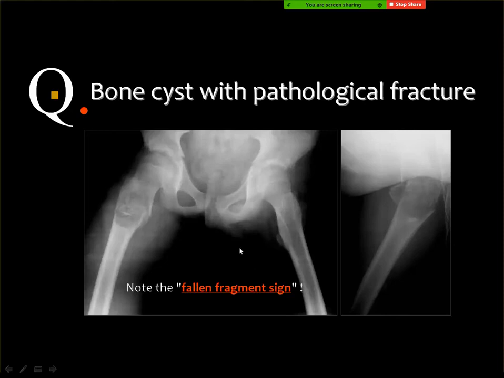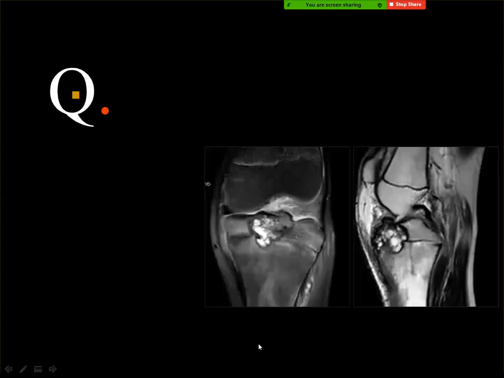But be careful in the diagnosis. Aneurysmal bone cyst contains the fluid levels without a fracture, but the simple bone cyst contains the fluid level with a pathological fracture. This is one of the important differentiating points.